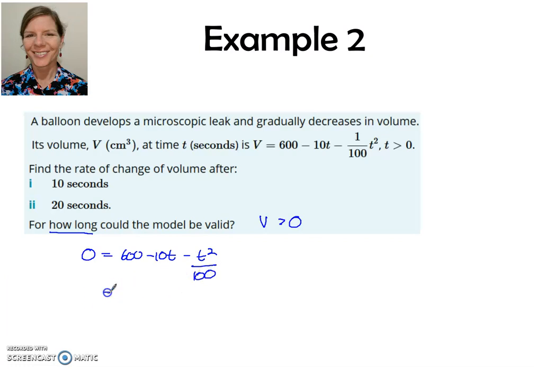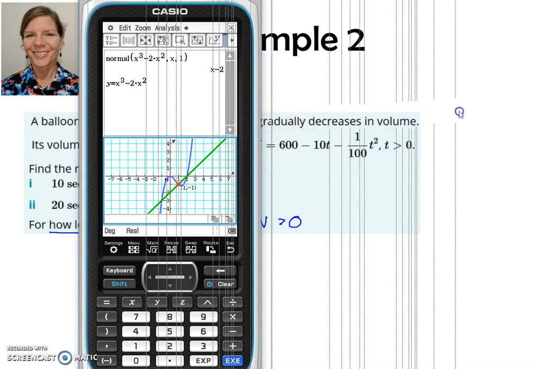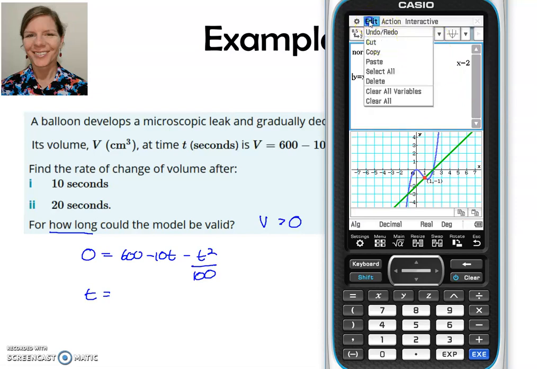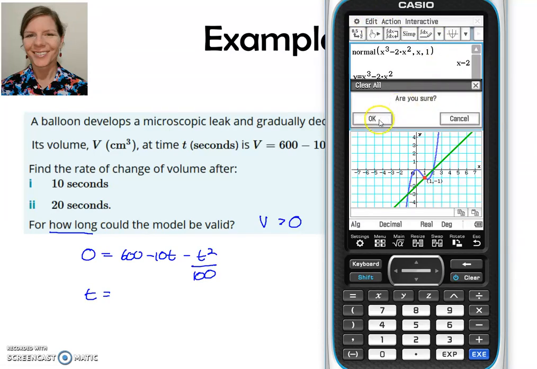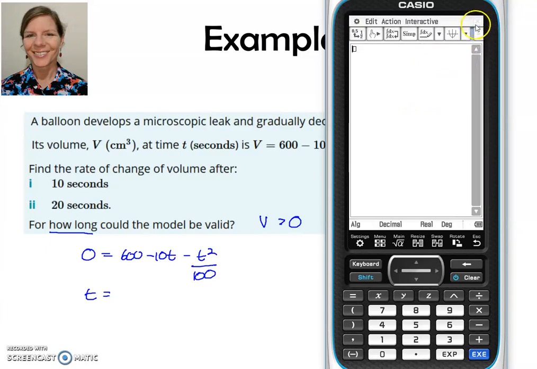Now using our nifty ClassPad, we can solve that. So we want 0 equals 600 minus 10, and I'm just going to use x, so I don't have to muck around with defining variables.